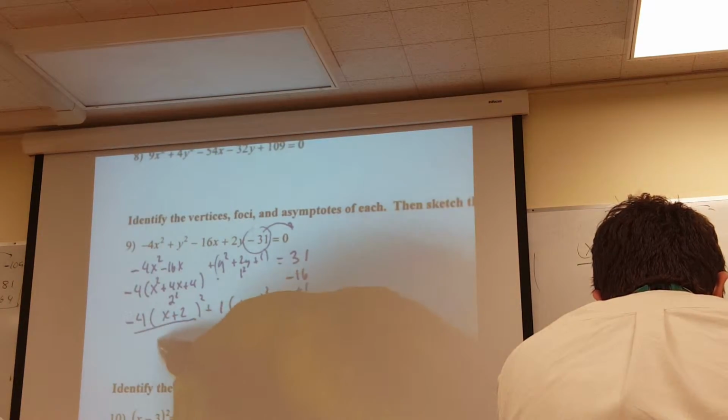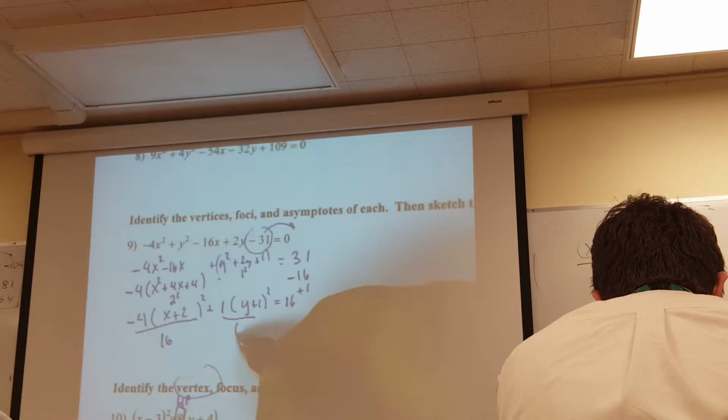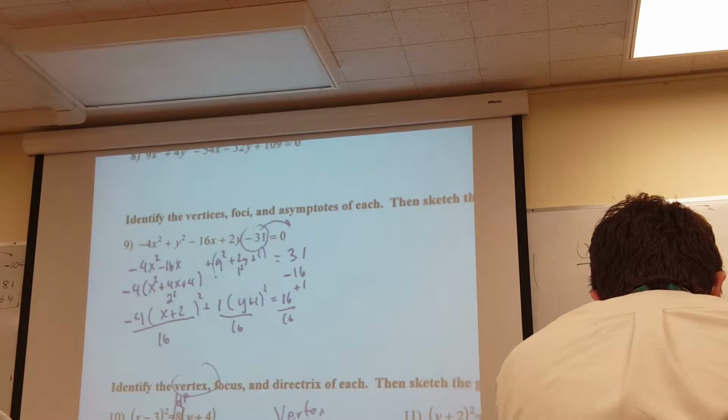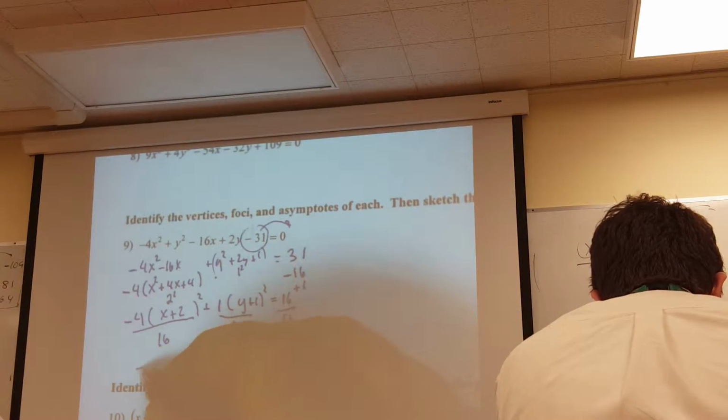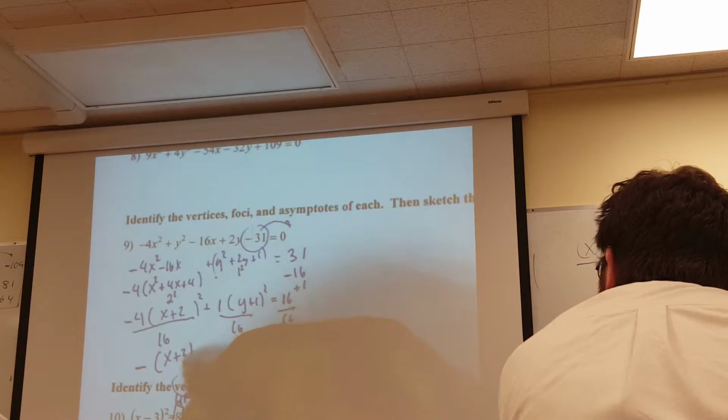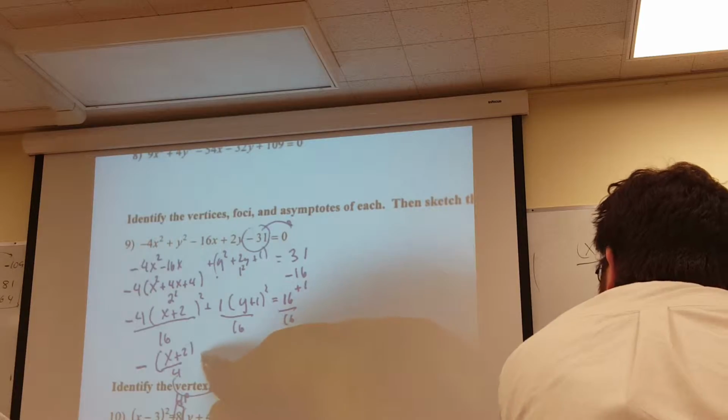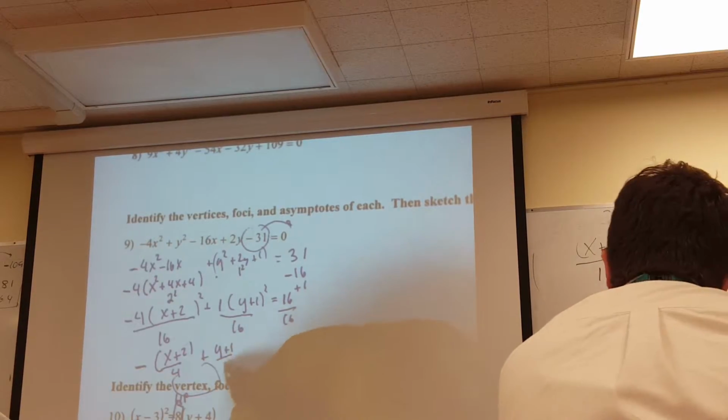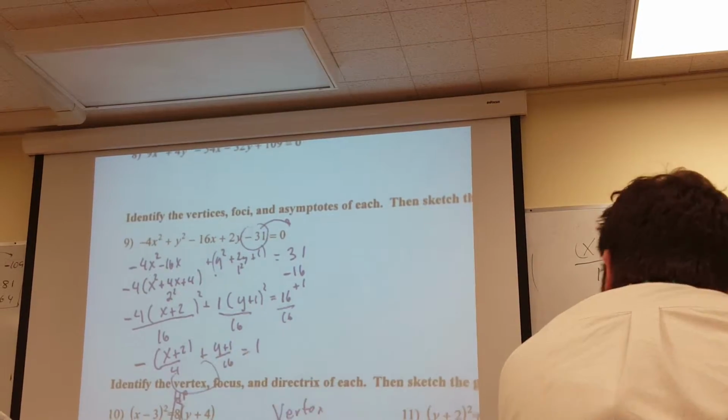So you divide by that 16. So you get the negative in front of x plus 2 over 4 plus y plus 1 over 16. Do you divide by the 16?